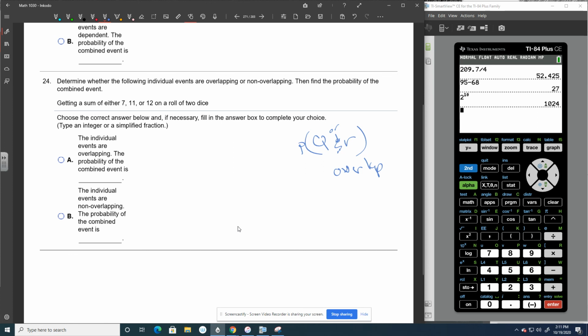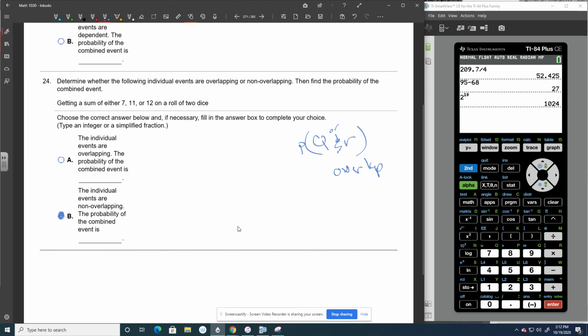So determine the following: are they overlapping, if to get a sum of either 7, 11, or 12 on a roll of 2 dice. Well, if I roll 2 dice, I'm going to add them together and I'm going to get a value. I can't get 2 different values. I can only get 1 value. So these individual events are non-overlapping.